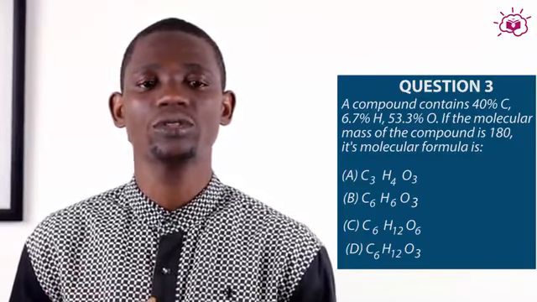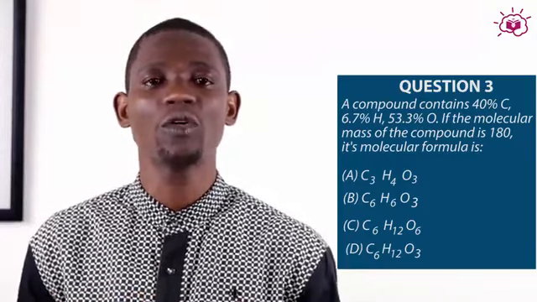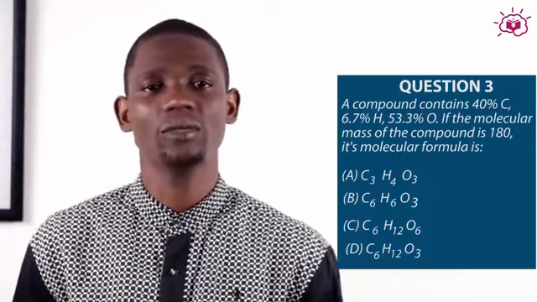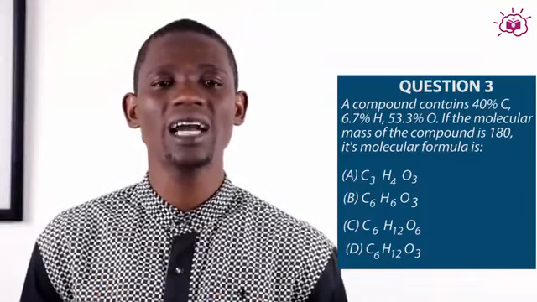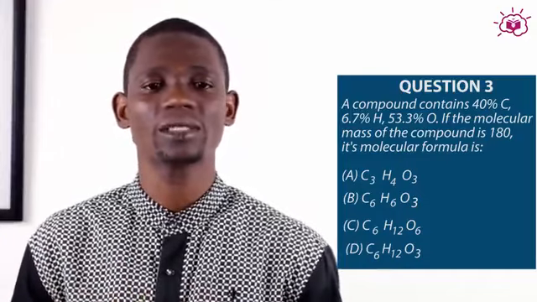To solve this question is pretty straightforward. We'll first of all find the empirical formula, then we'll find the molecular formula. To find the empirical formula, we simply divide the percentage mass of each element by its relative atomic mass.